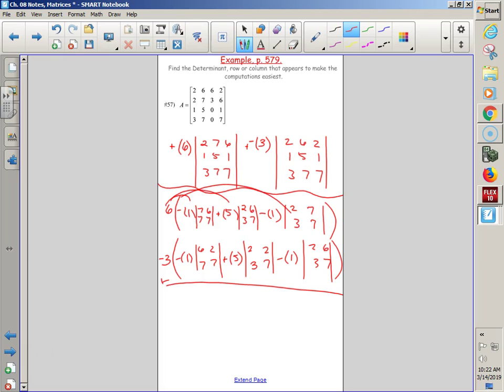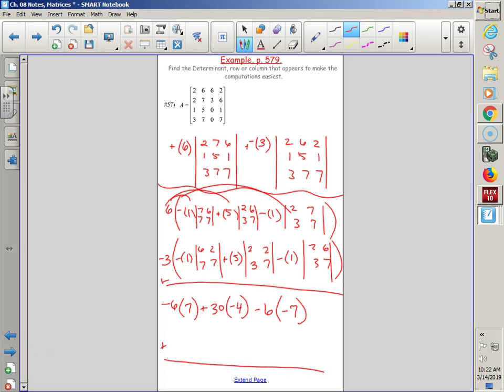So that'd be negative 6 times 49 minus 42 is 7. And then I have 6 times 5 is 30 times 14 minus 18 is negative 4. And then I have 6 times 1 minus 6 times 14 minus 21 is negative 7.